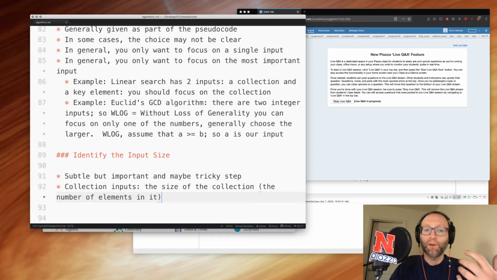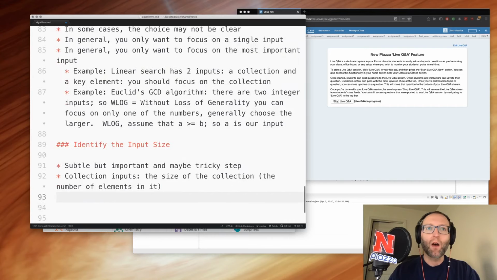That's going to be our input size, right? And that's why I've designated it as n in all of our examples so far. If I've got a collection as an input and it goes A[1], A[2], A[n], that's why I'm giving that last designation there, that there are n elements in the collection, because that automatically sets us up for this analysis.